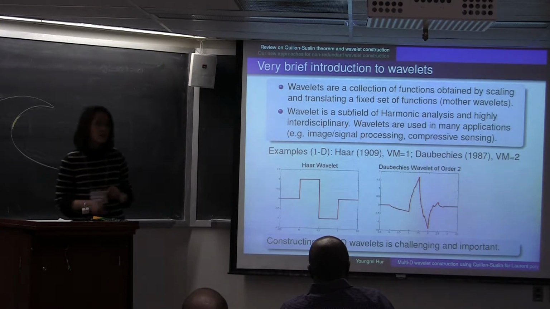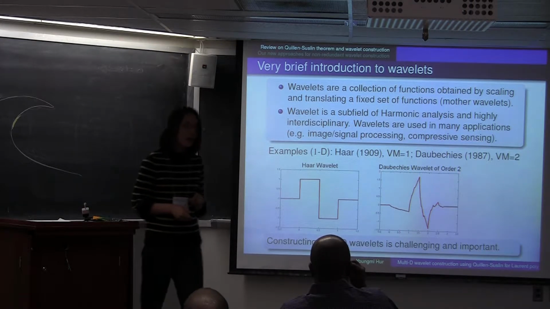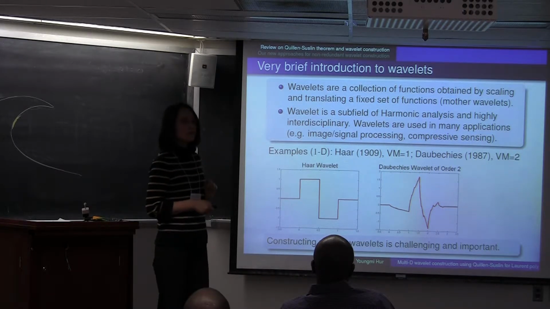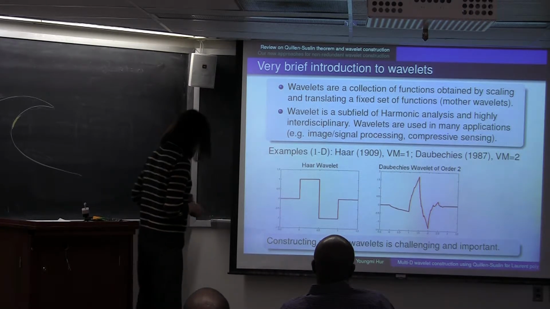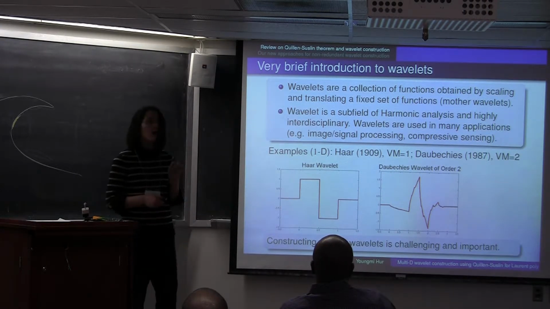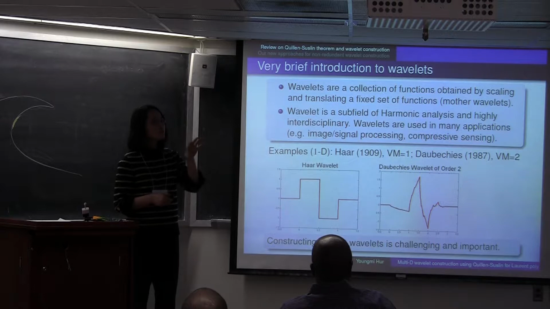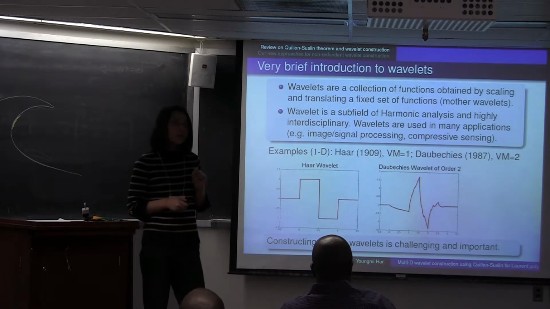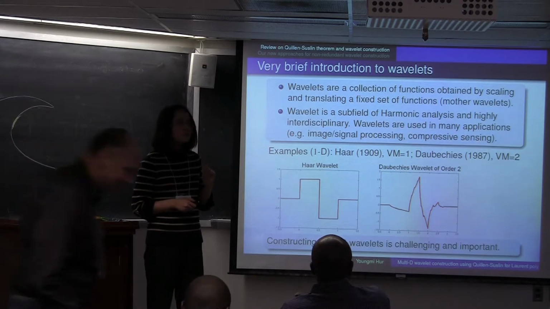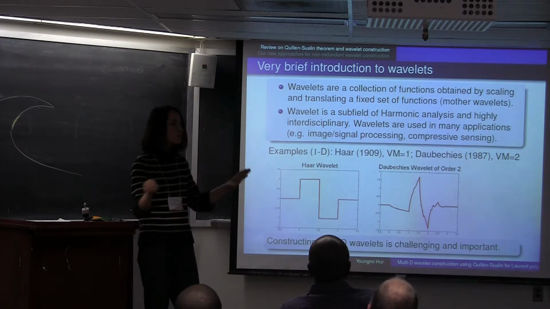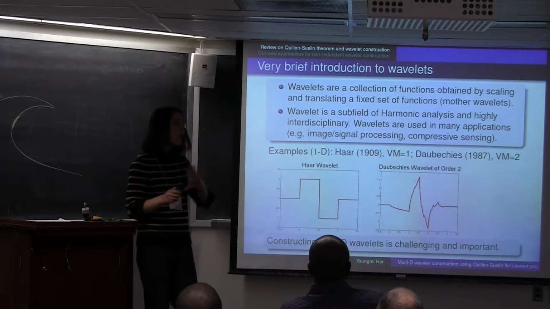What I'm trying here is slightly different. Constructing multi-dimensional wavelets is still an important problem. And the approach I take is that in our project, we want to develop a method that does not look at the dimension specifically. We are looking for a method that works throughout the dimensions.